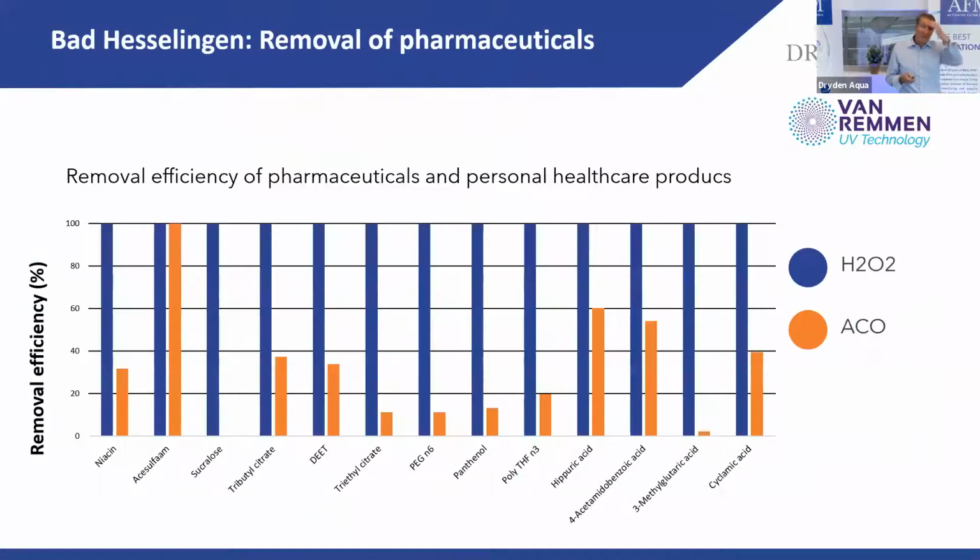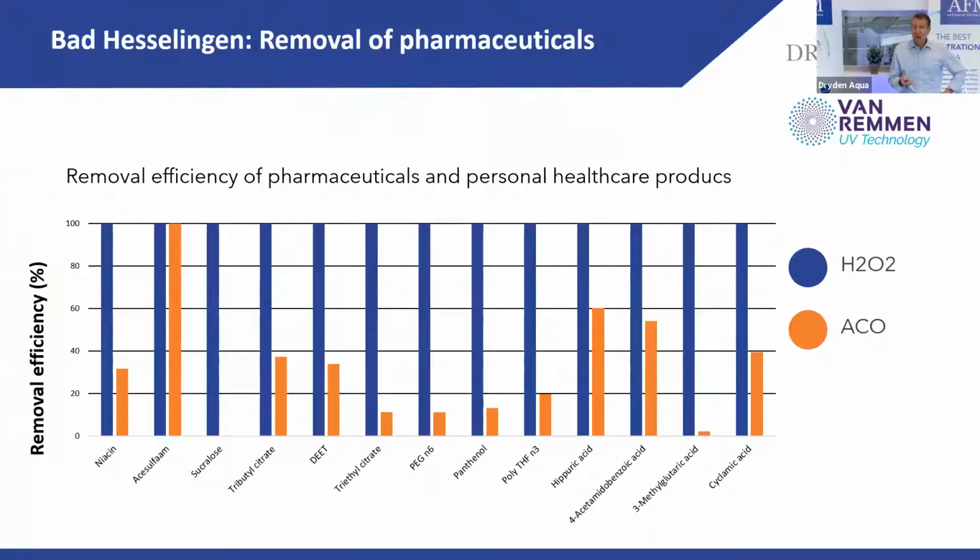One other big advantage that we get with the use of Advanox is that Advanox is very effective at reducing pharmaceuticals and personal healthcare products. It's able to destroy them and break them down. This is what we see here. We have tested Advanox in two ways.